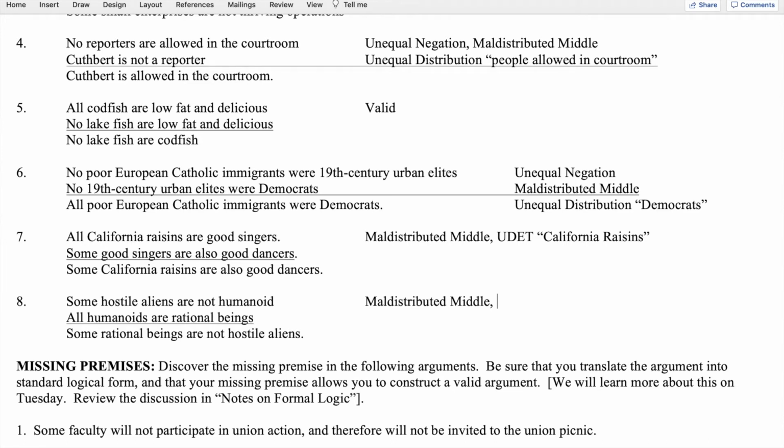But then we look at hostile aliens, and hostile aliens is distributed in the conclusion because it's predicate of a negative, but it is not distributed in the first premise where it's subject of a particular. So that's unequal distribution of the end term hostile aliens. So those are the 8 syllogism examples applying the rules of inference to test their validity.